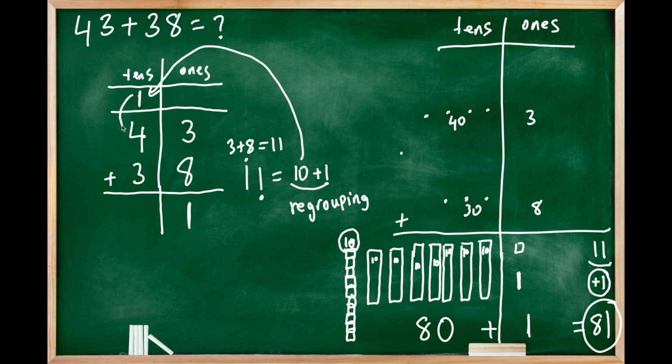So we add the tens place now. 1 plus 4, 5. 5 plus 3 is 8. That's another rule in the standard algorithm: we always start adding from the ones place, and we check if we have a carryover.